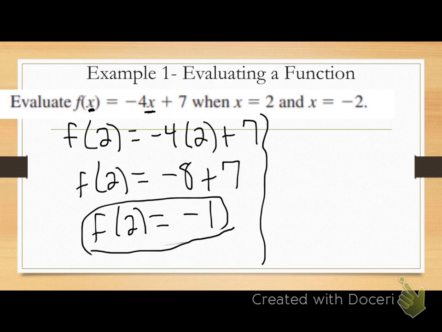It also wants to evaluate it whenever x equals negative 2. So once again, I'm going to replace all my x's with negative 2. So I have negative 4 times negative 2 plus 7.